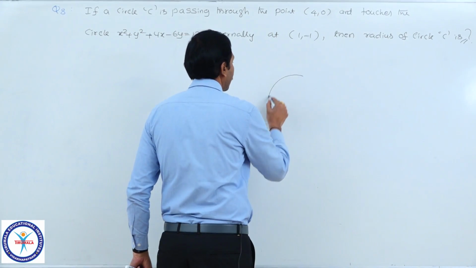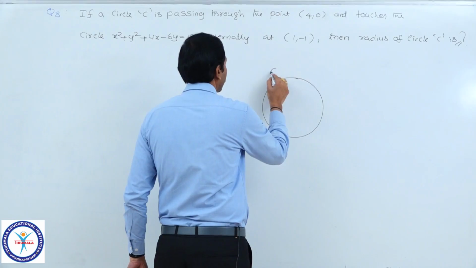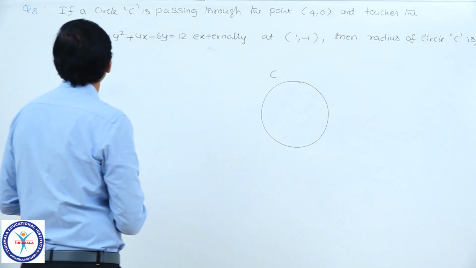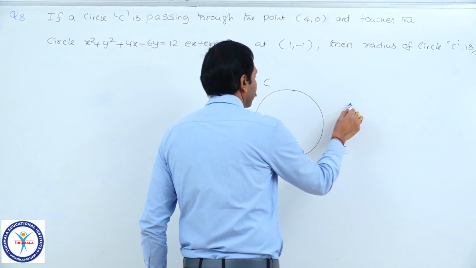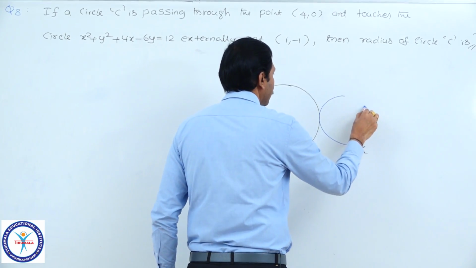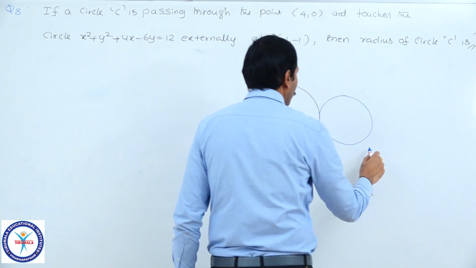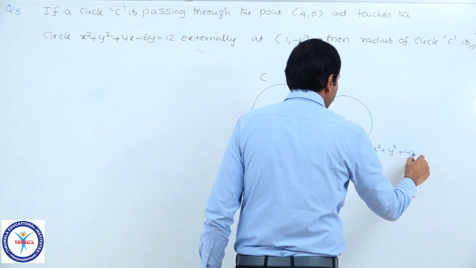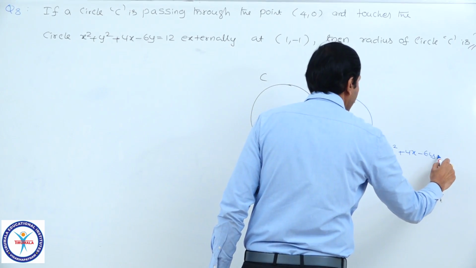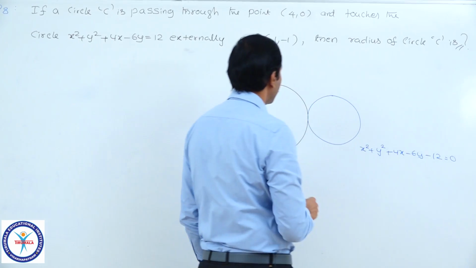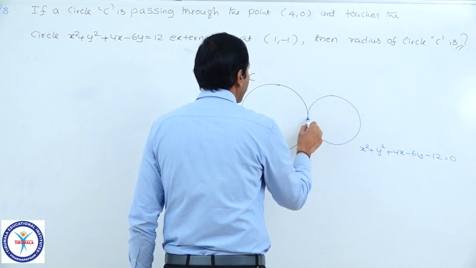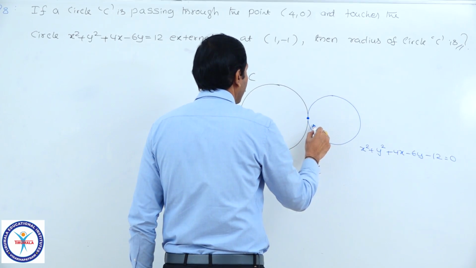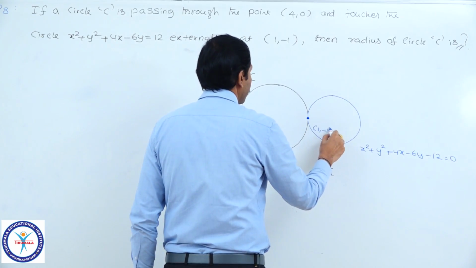Suppose this is the required circle C, and it touches the given circle, whose equation is x² + y² + 4x − 6y − 12 = 0, externally at a given point, which is nothing but (1, −1).